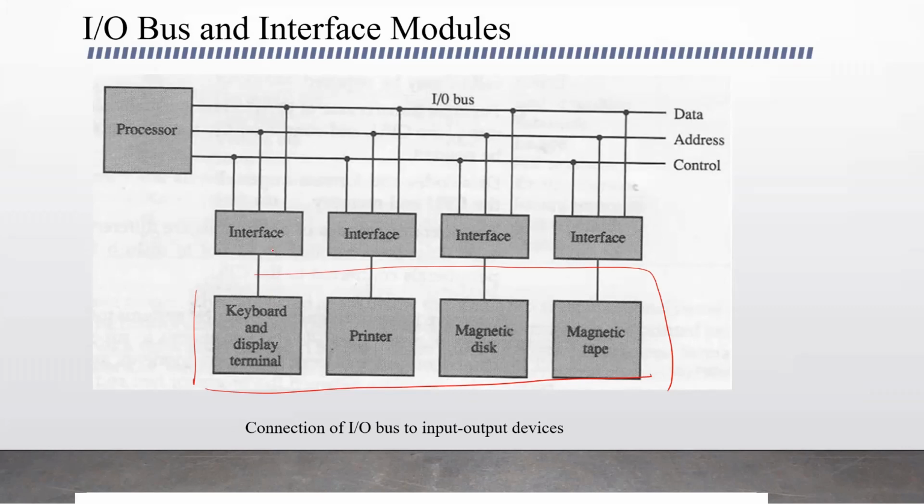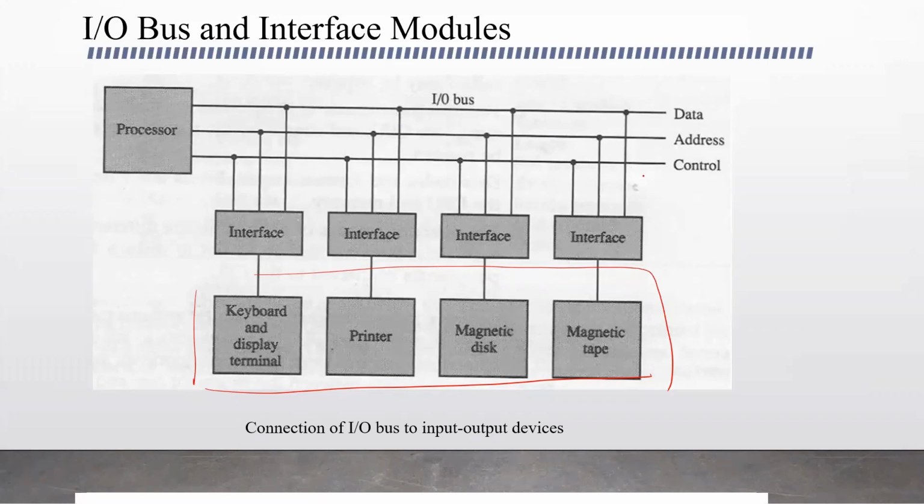Each peripheral has its own interface that connects the peripheral to the internal devices. Here we have 4 interfaces, and the processor, the internal component of the system, needs to communicate with the peripherals to perform some operation.